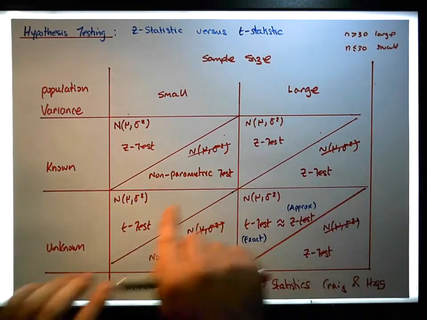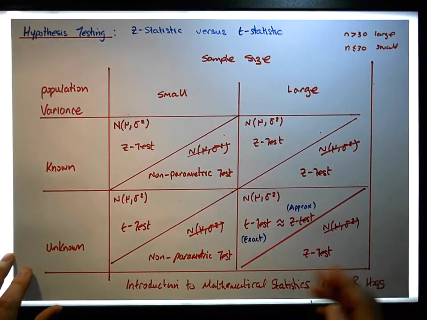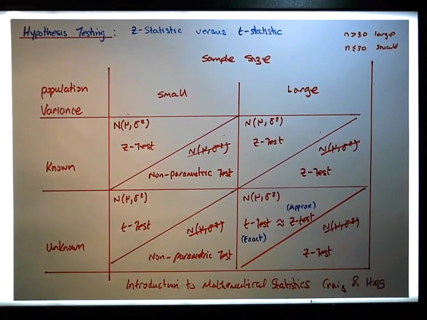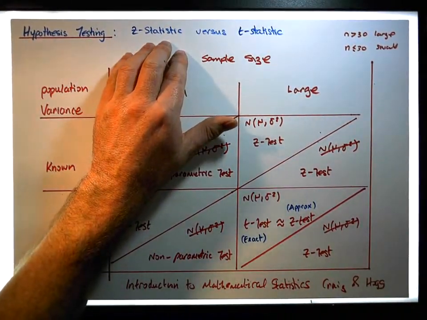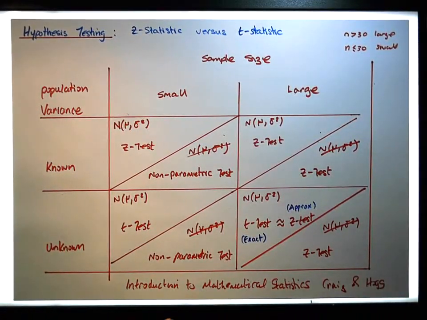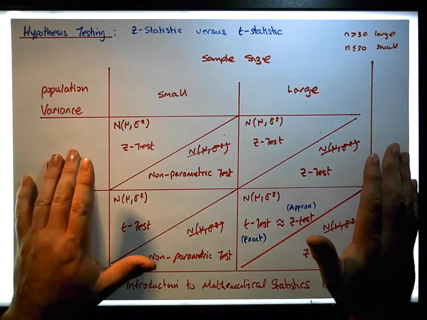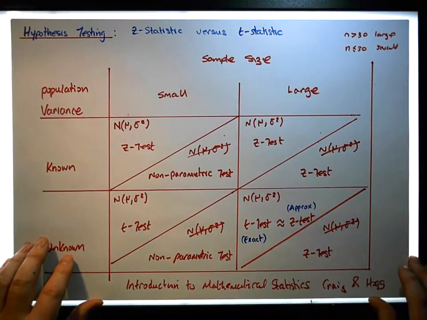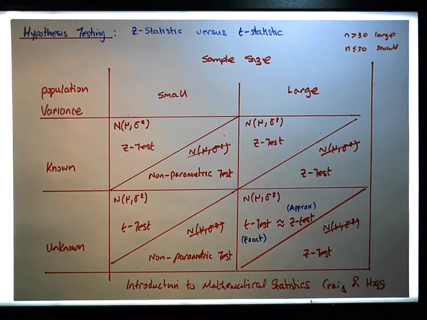So in fact, we have 8 possible cases. Hopefully this is as exhaustive as we need in relation to hypothesis testing and our decision on whether to go for a Z-statistic over a T-statistic. Hopefully this explanation has once and for all covered all possibilities, demystified what's really going on, and cleared up the question that seems to be outstanding out there.